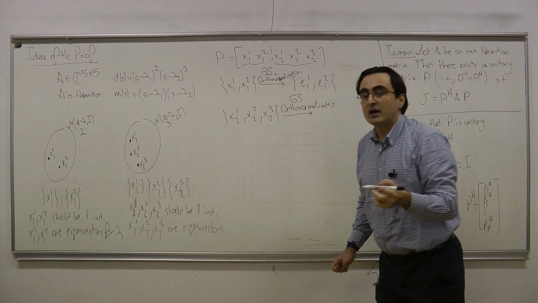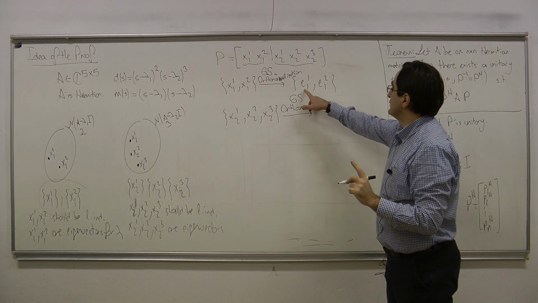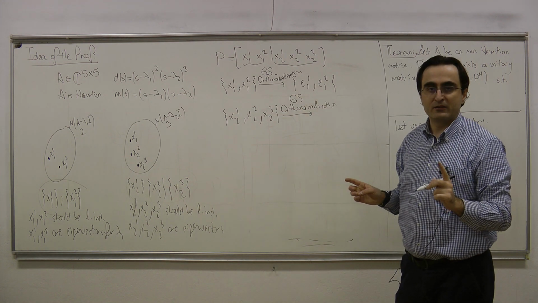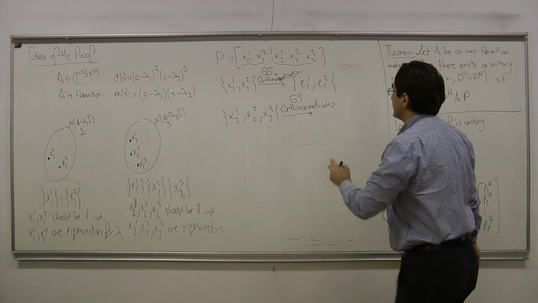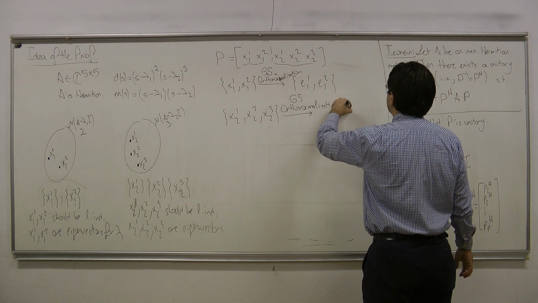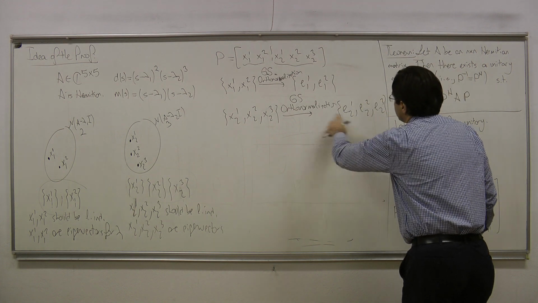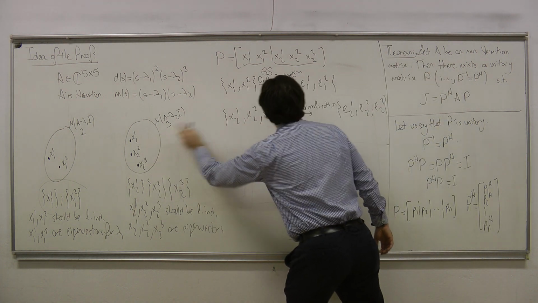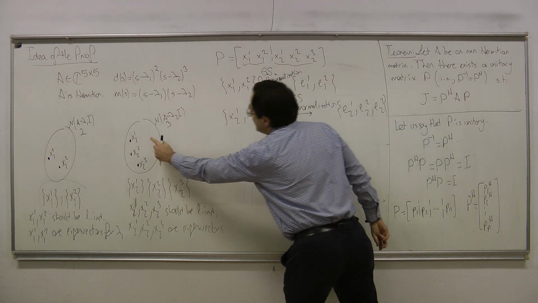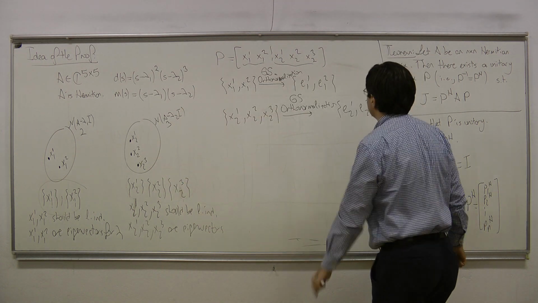I am not only applying orthogonalization here because I want these vectors to have unit norm at the end. So this is orthonormalization, and this is going to give me E21, E22, and E23. These would span the same null space. They would be still eigenvectors, and furthermore, they would be orthonormal.